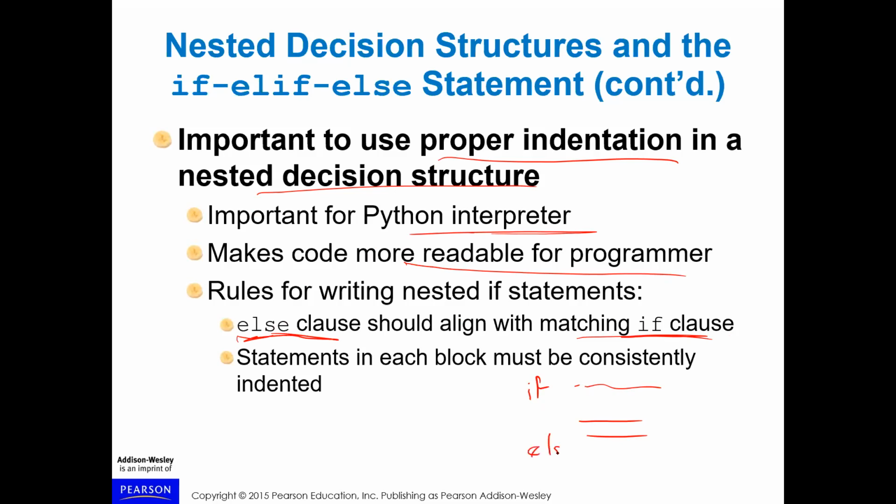Get into the habit, maybe just 4 spaces, so you can always go 1, 2, 3, 4, and make sure they're aligned. And the statements within the if statement should also be aligned.